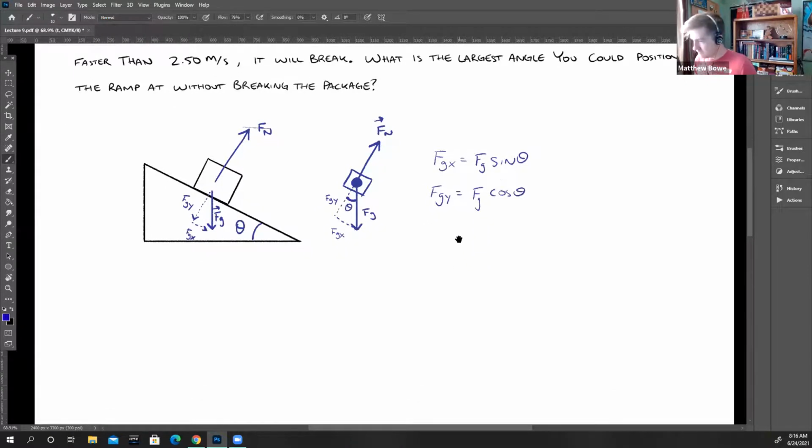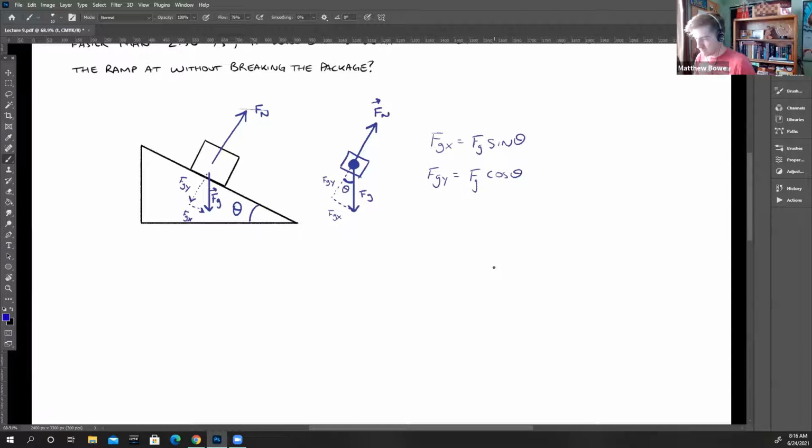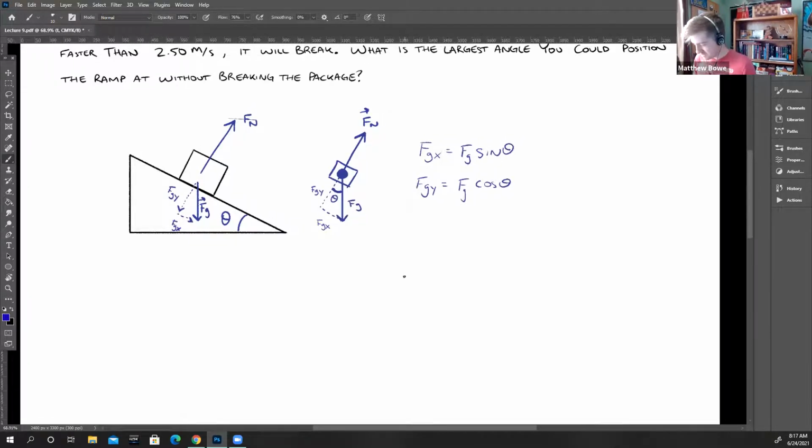Now let's write out all of these components. Let me find, well, actually, I don't have to do both of the components, right? So I'm only interested in how fast is the box skating when it's at the bottom of the ramp.